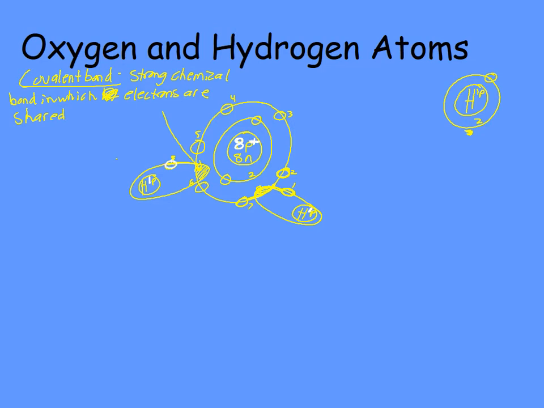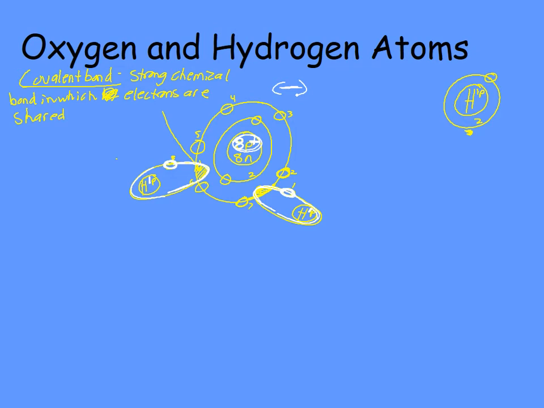because of this positivity here. So this electron spends more time around the oxygen than it does around the hydrogen. Same thing here. This electron spends more time around the oxygen than the hydrogen. The reason is this positive pull inside of here. Because these negative electrons spend more time towards the oxygen, the oxygen takes on a slightly negative charge.